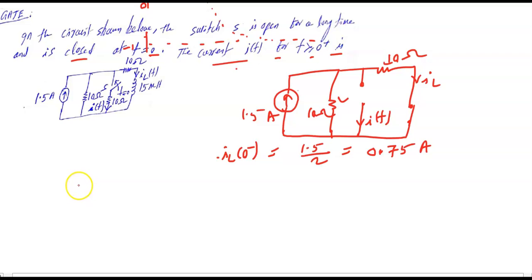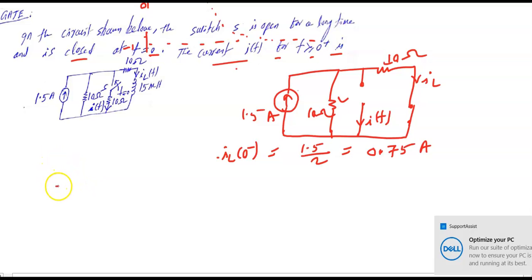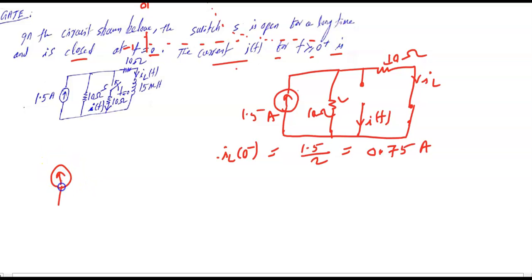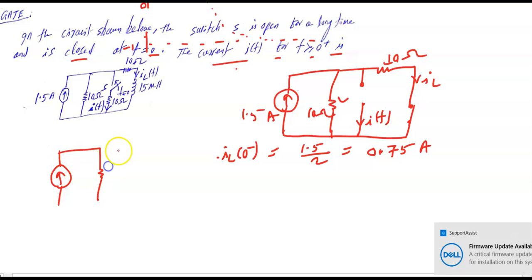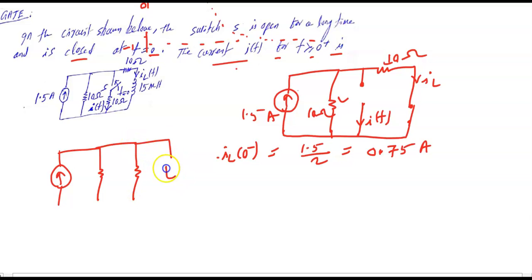Now we'll look at the conditions when switch is closed. When the switch is closed, the circuit becomes like this. Inductor will act as a current source because IL at 0 plus is 0.75 ampere.